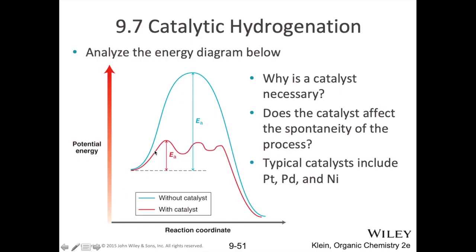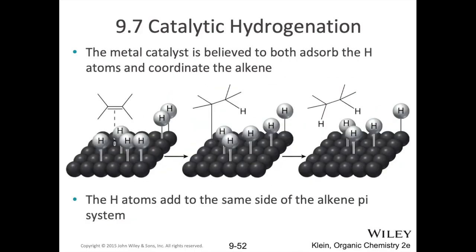We go through some alternative mechanism that involves forming some sort of complex with that metal, and that allows the reaction to happen under much more reasonable conditions. Typical metal catalysts that you see for these types of reactions include platinum, palladium, and nickel. Those are typically the metals you see involved in these types of reactions.